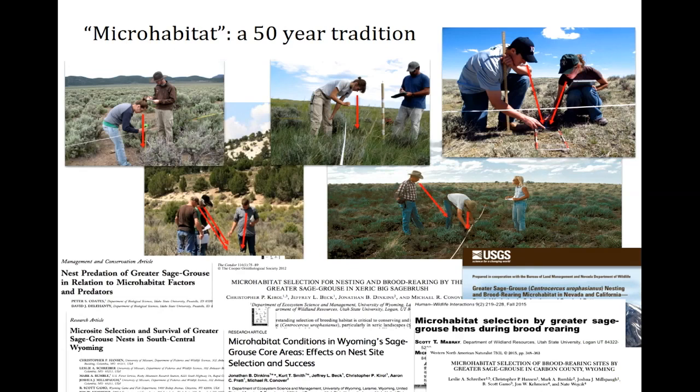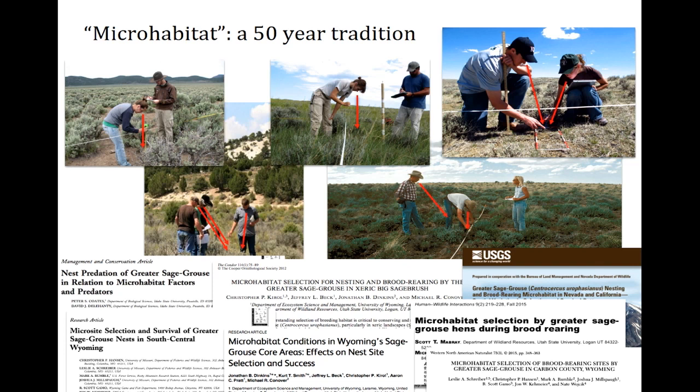So we've been studying sage-grouse for a long time now, studying sage-grouse habitat for a long time now, and for most, I'd say the vast majority of that time, studying sage-grouse habitat has looked like this, what you see these people doing in these pictures.